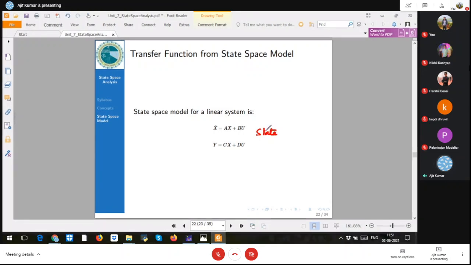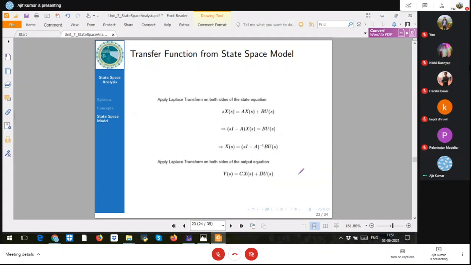So again, there is some lag. State space. So we have to convert this model to a transfer function. So this is my question. So what we will do, how we will proceed with it.